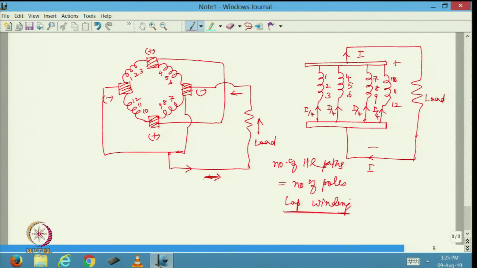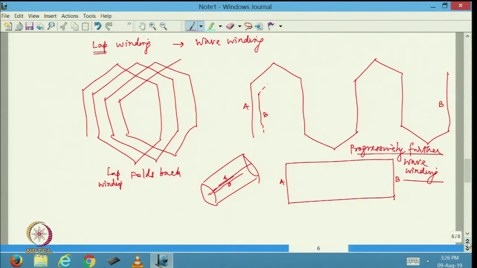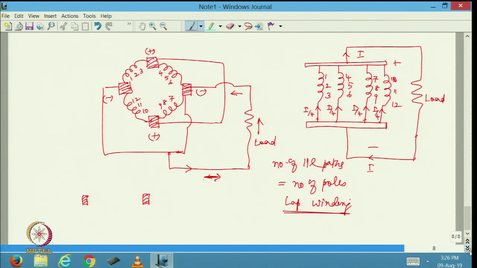Whereas, if I look at the wave winding, I am going to have 1 positive brush and 1 negative brush. That is it. And because the winding is going progressively like what I showed here, I am going to have many coils connected together like this. So, 1, 2, 3, 4, 5, 6 coils will be connected here, another 6 coils will be connected here, if it is a wave winding.